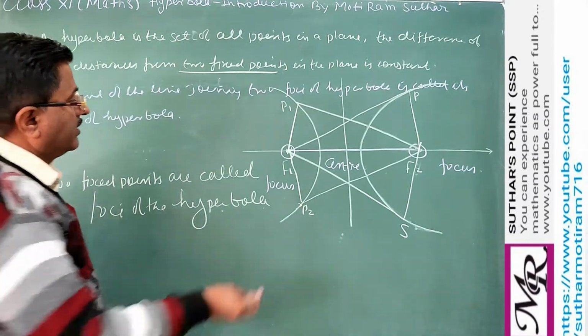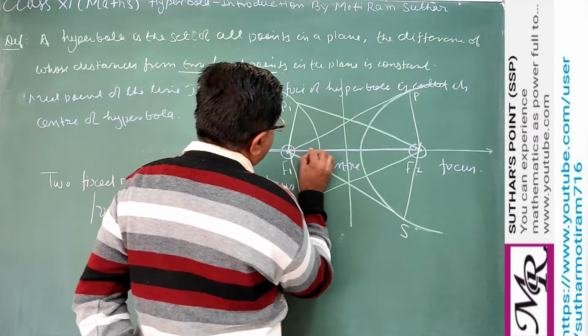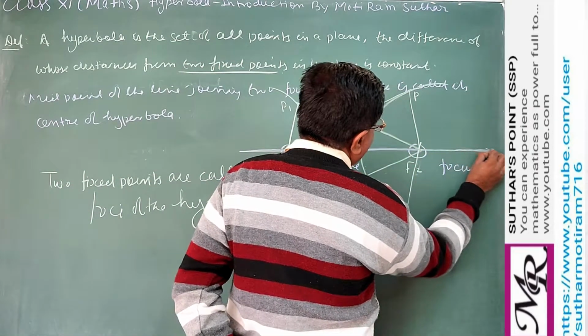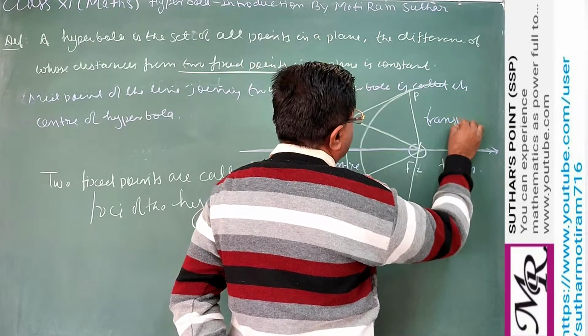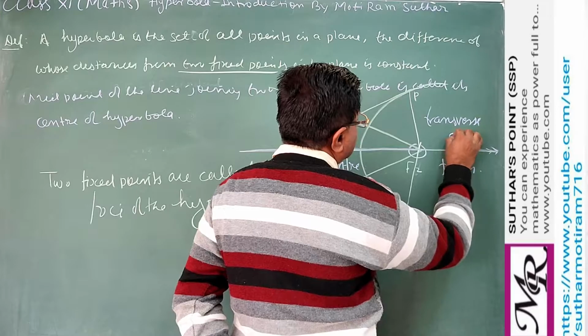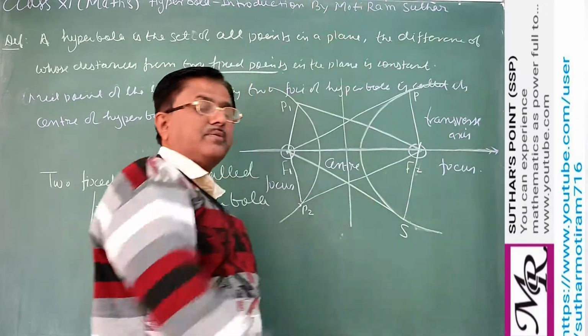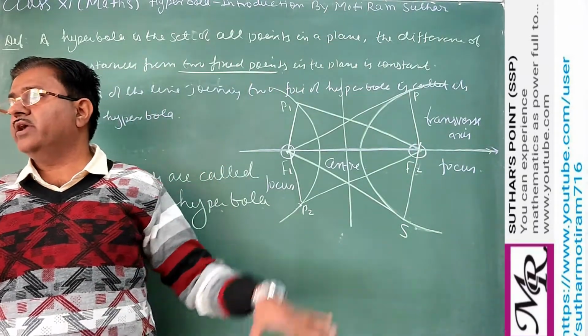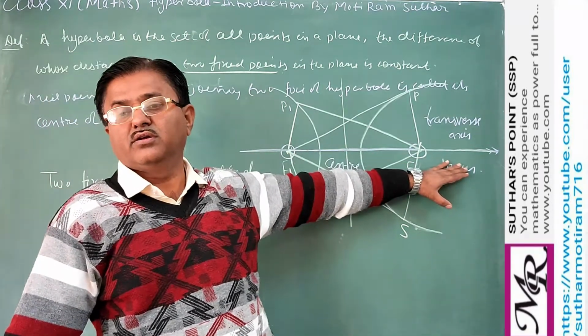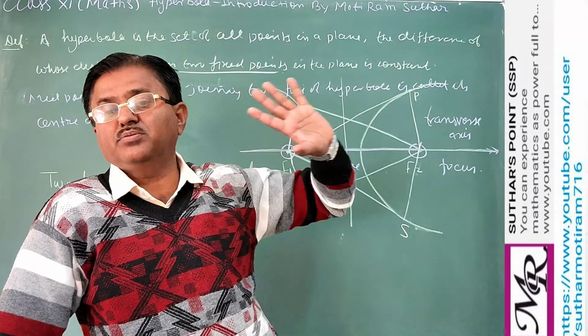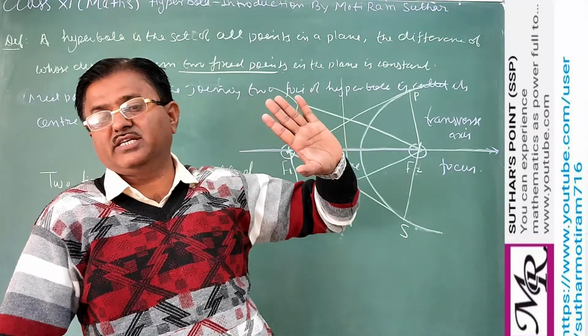Now see the next definition, the line through the foci. Any line which is passing through the foci is called the transverse axis. What is the meaning of transverse axis? The line which is passing through the foci. As in the case of the ellipse, we called this the major axis.